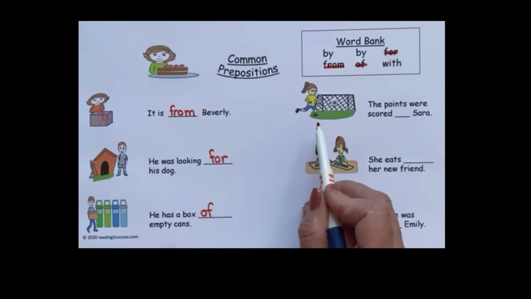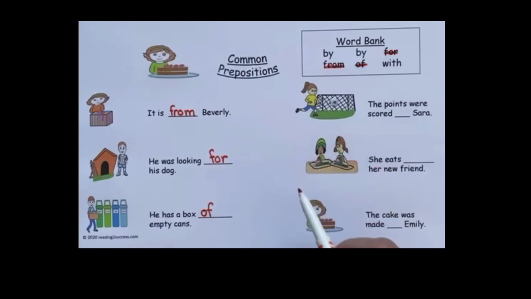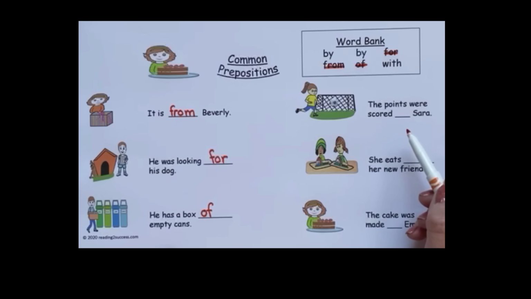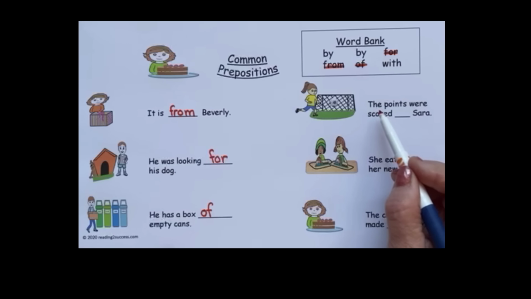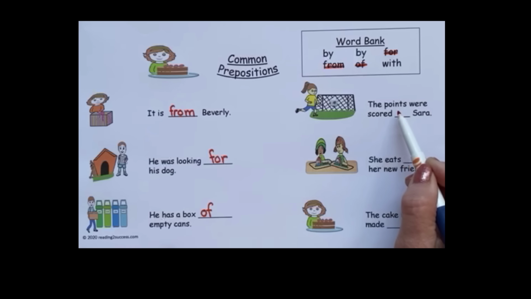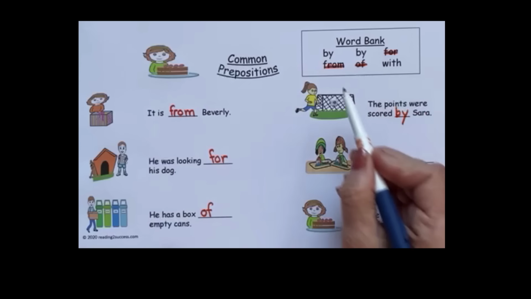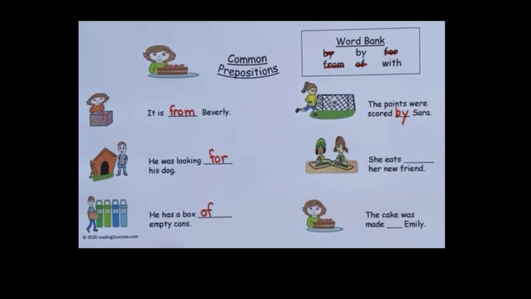She is the one that kicked the soccer ball into the net and made the goal. So she is the one that scored the points. So we are going to say the points were scored by Sarah, and we'll cross off one of the words that is by.